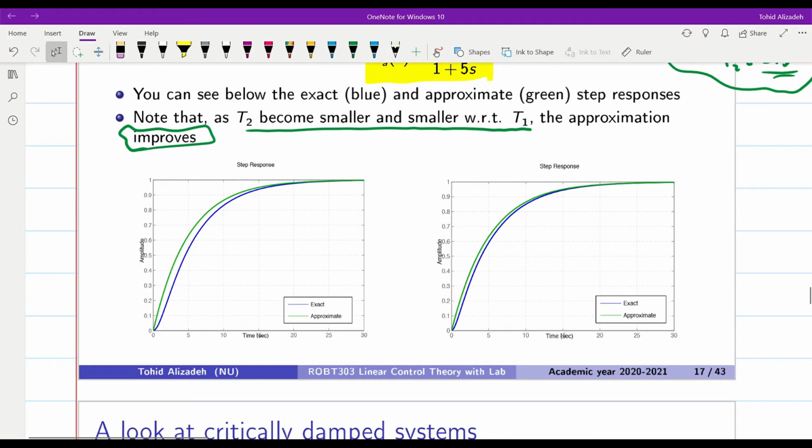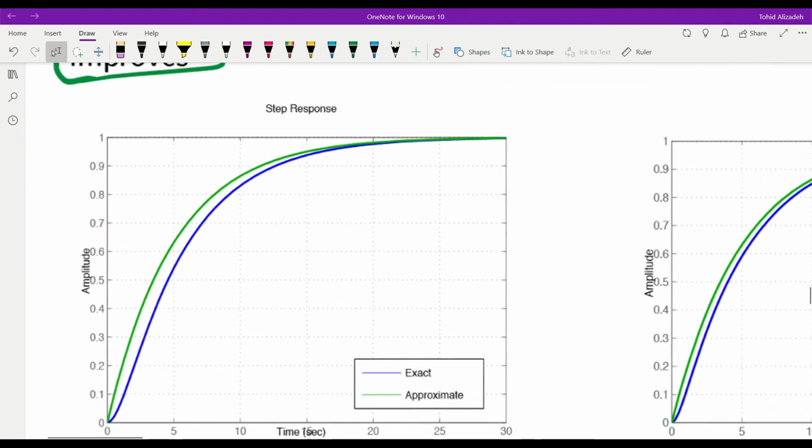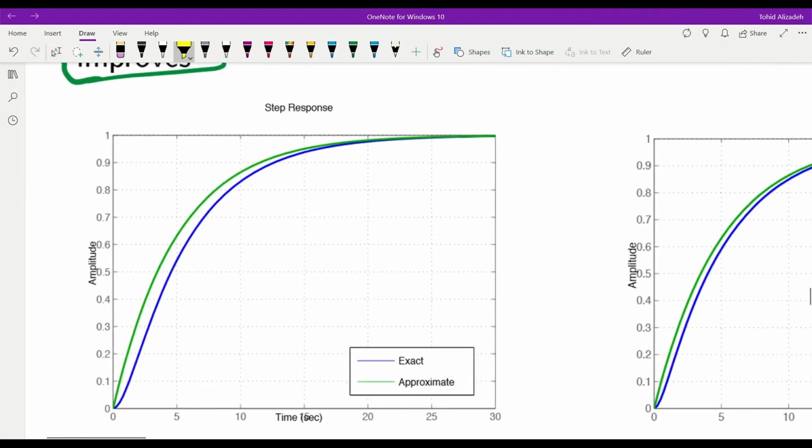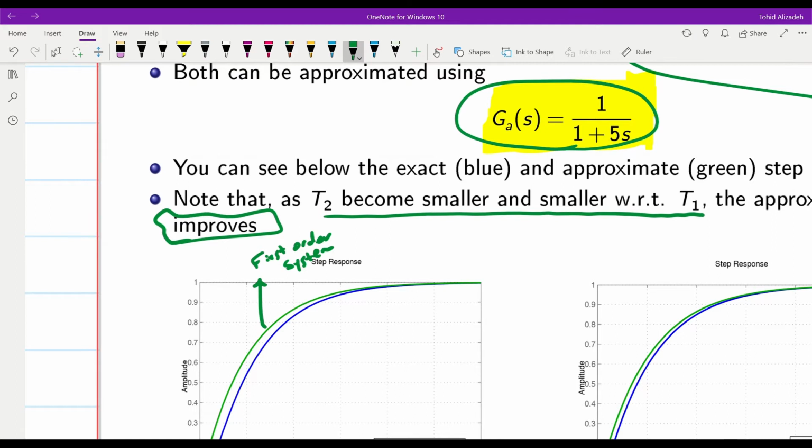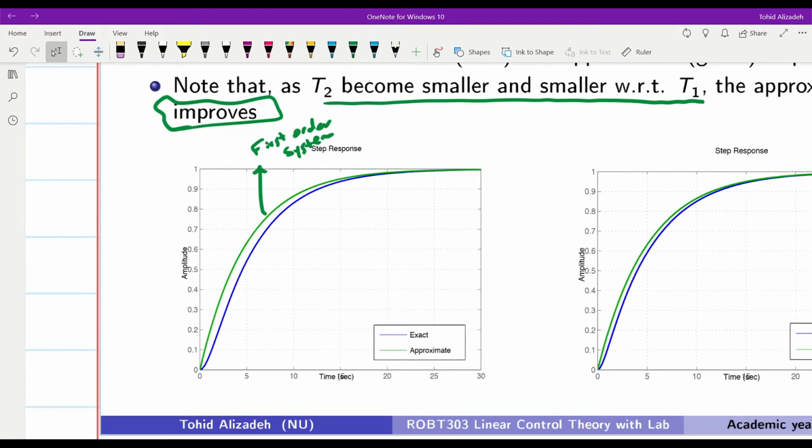And here you can see how good our approximation is. What we have in green is the first order system, or the approximate system that we are going to use. And the one in blue is the exact step response of the system.